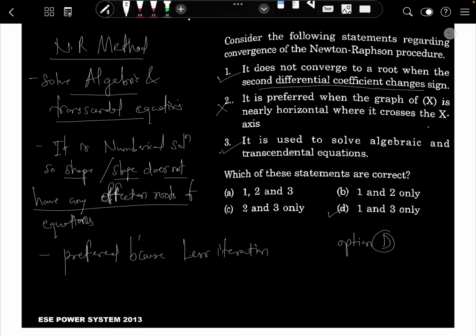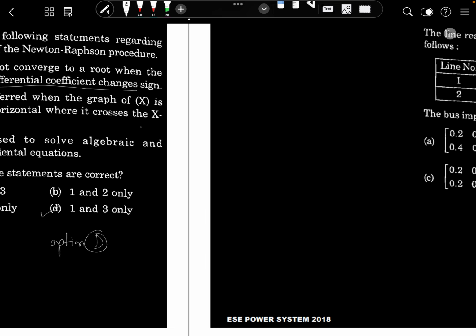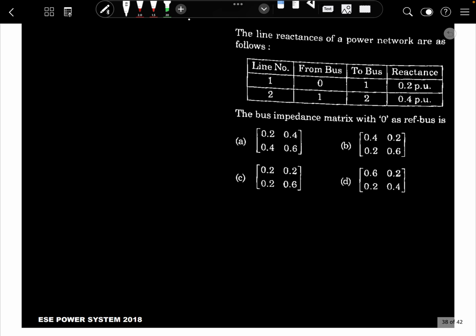I hope you understand here. Next, the line reactance of a power network is as follows. So we have to draw this diagram according to the buses: 1 and 2 and the ground 0.